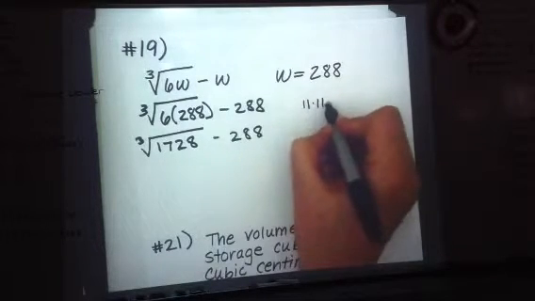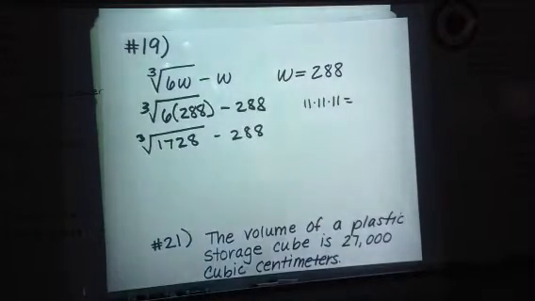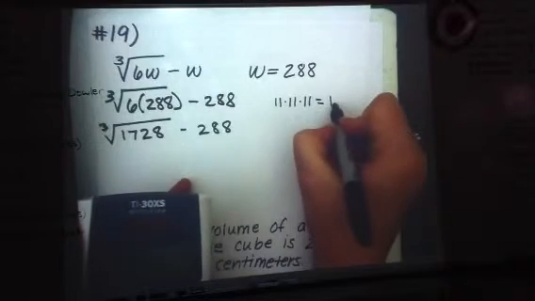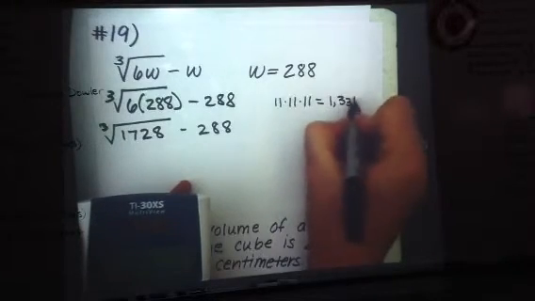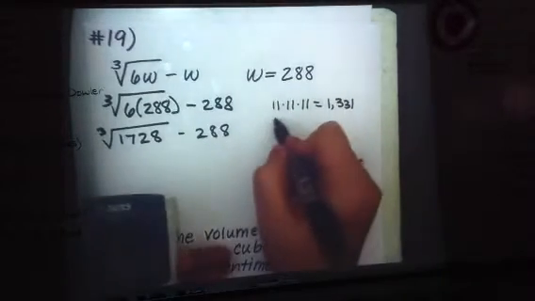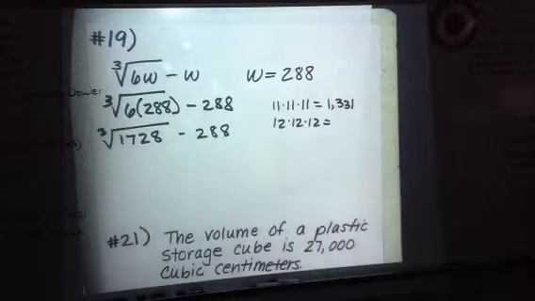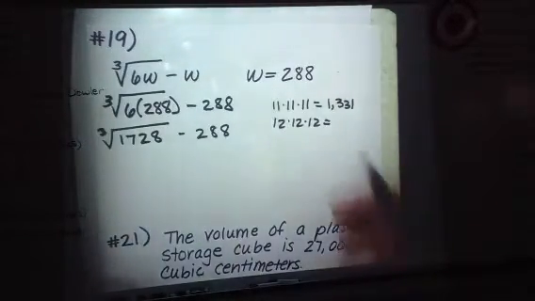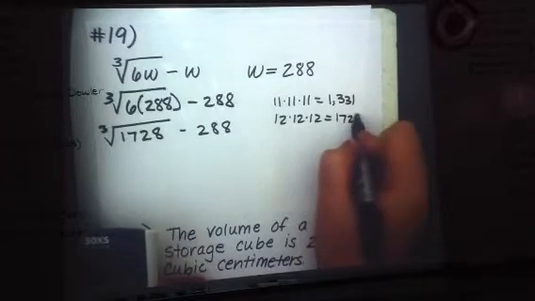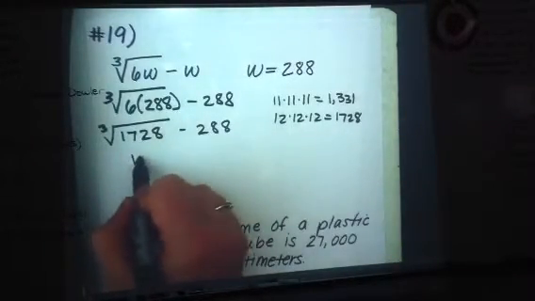So what's 11 times 11 times 11? Figure that out. So, oh yeah, we did have this one. So 1,331. Not terribly off, so let's go up one more. So let's try 12 times 12 times 12. And I'm going to get that 1728. Perfect. So now we know that the cube root is going to be 12.